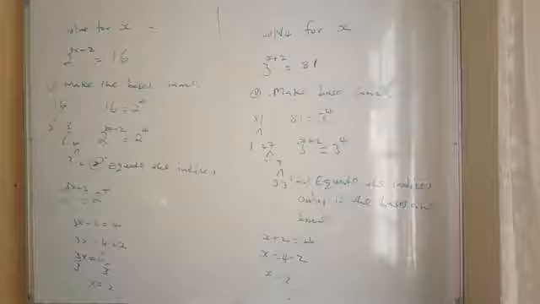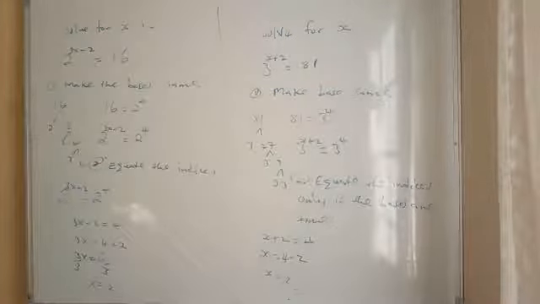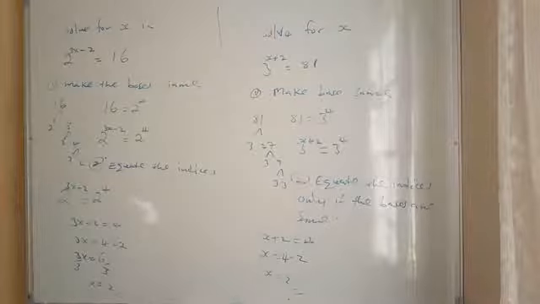Unless you have a question, you can shoot them later. But we are just trying to discuss indices and the laws of indices and look at more examples on the same. We have also been given another example.